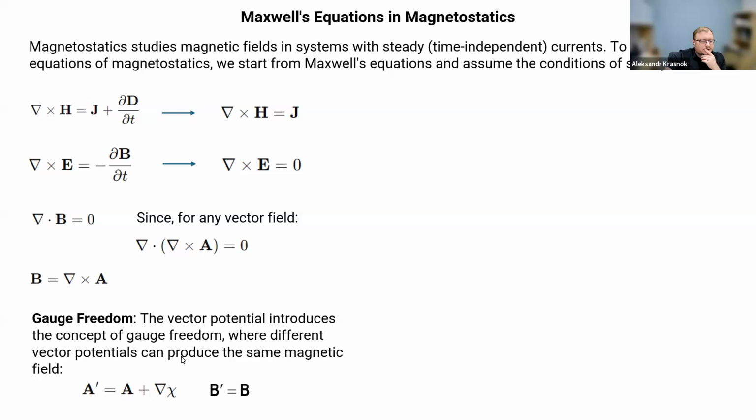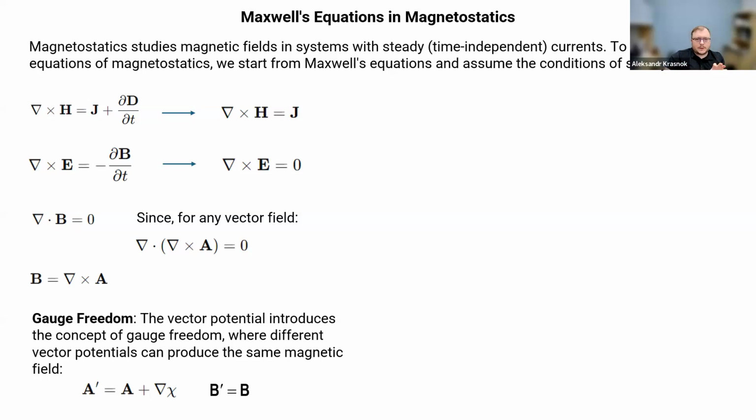which is basically the consequence of the definition of this field, right? So since the magnetic field is defined as the curl of field A, and due to the fact that the curl of any gradient must be equal to zero, right?